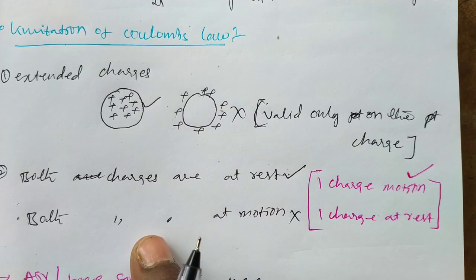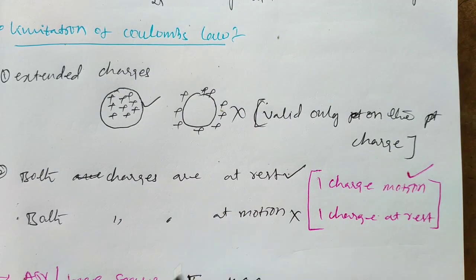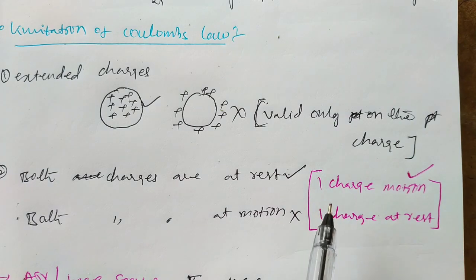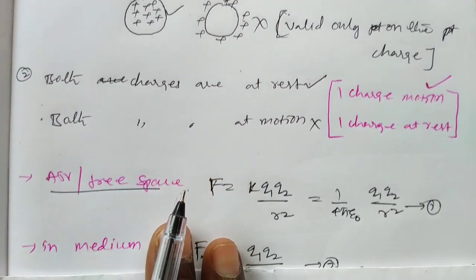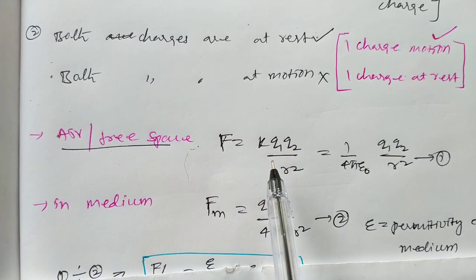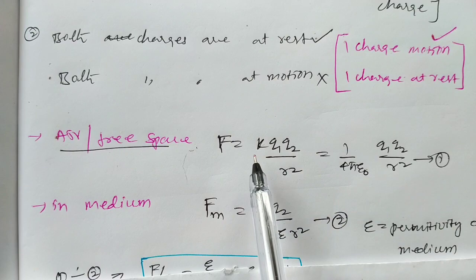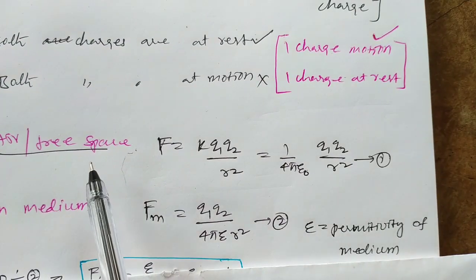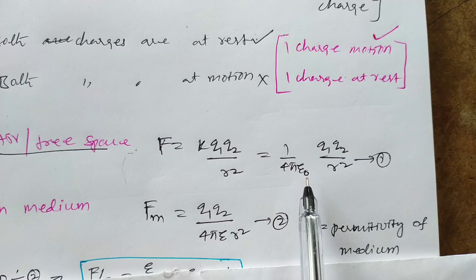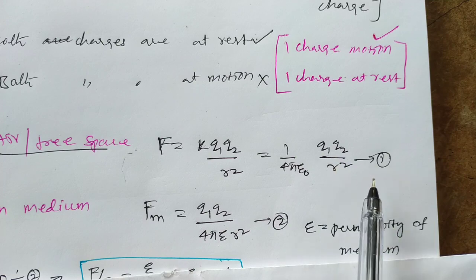Suppose both are in motion, we cannot observe Coulomb's law; it will not obey it. If one charge is in motion and one charge is at rest, Coulomb's law is applicable. In air or free space the force is equal to k Q1 Q2 by R square, where k is 1 by 4 pi epsilon naught, and epsilon naught is the permittivity of free space.